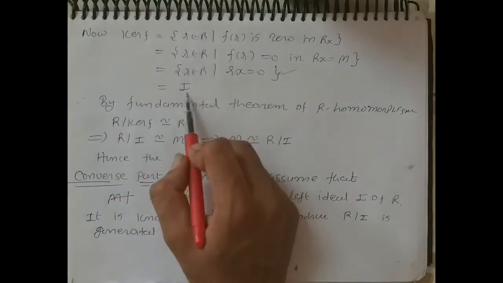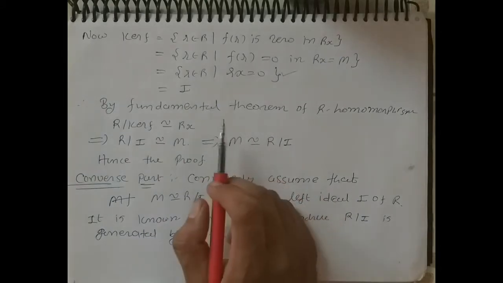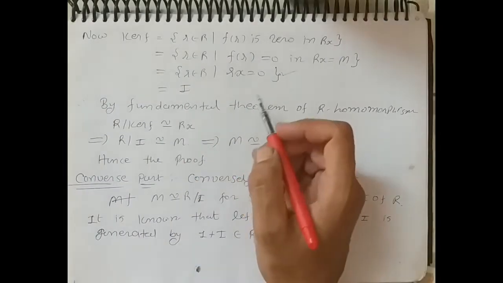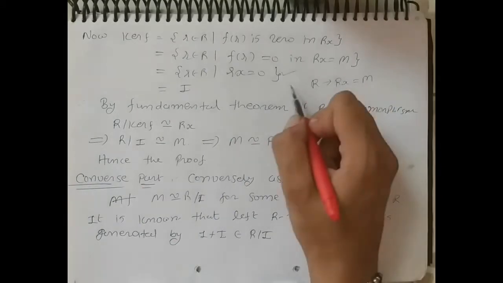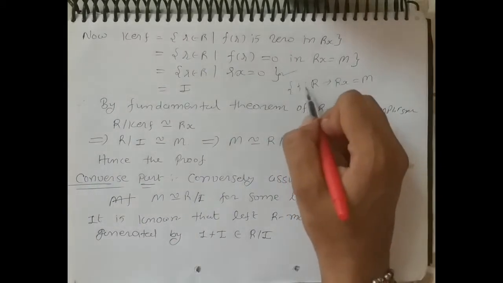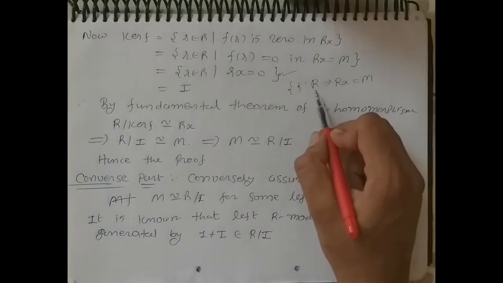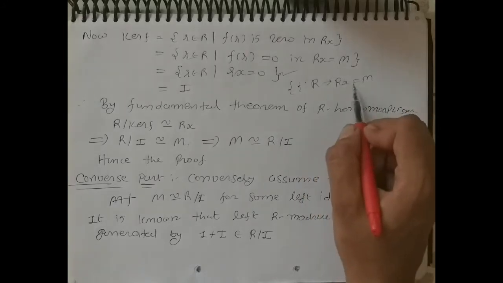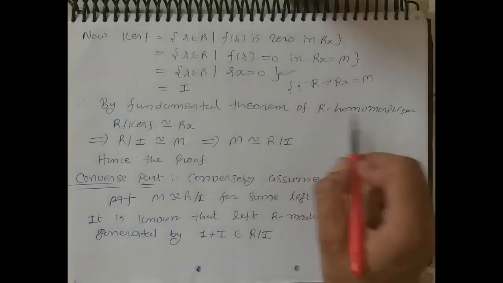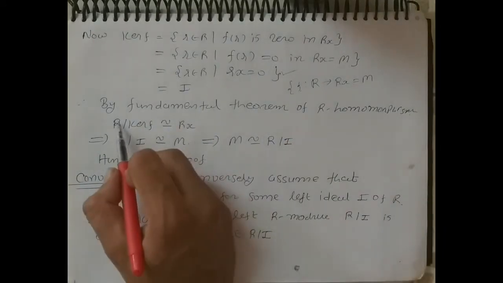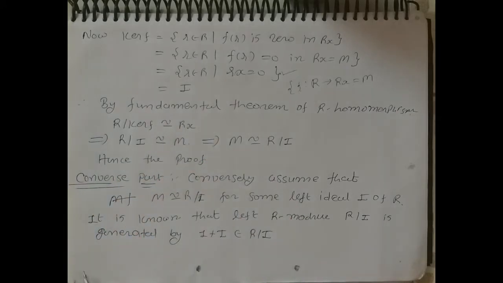Okay, so kernel of f is equal to I, and f is an R homomorphism which is 1-1 and onto from R to Rx is equal to M. So f is an R isomorphism from R onto Rx, but Rx is equal to M. So by the fundamental theorem of R homomorphism, R quotient kernel of f is isomorphic to Rx.